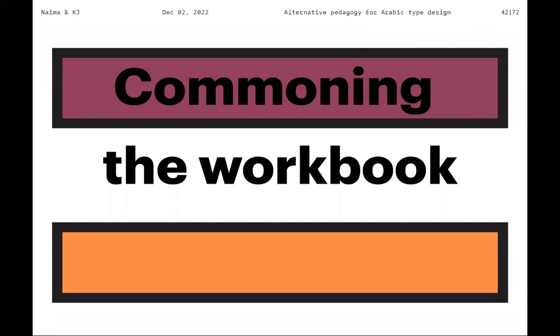So rather than doing a book, we decided to do a workbook, and this comes in the context of School of Commons. The idea, facilitated by Humdrum Press, who are part of School of Commons, was to create material for a publication.